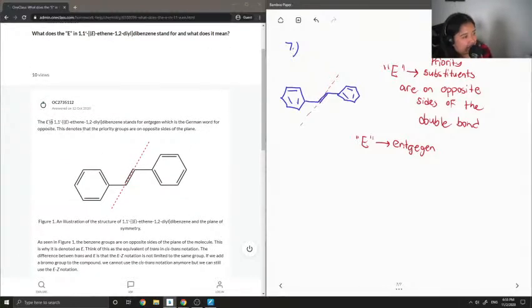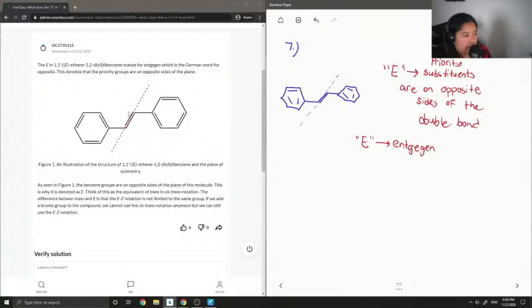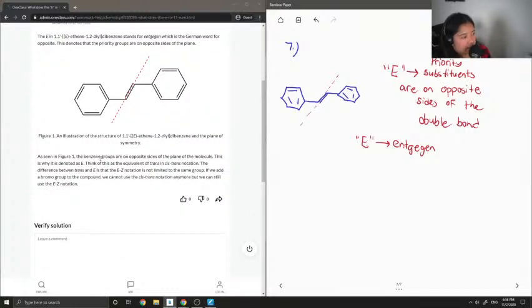The E stands for Entgegen, which is the German word for opposite. This denotes that the priority groups are on opposite sides of the plane, which is shown in the dotted line. As seen in figure 1, the benzene groups are on opposite sides of the plane of the molecule.